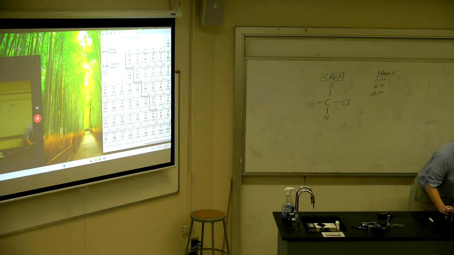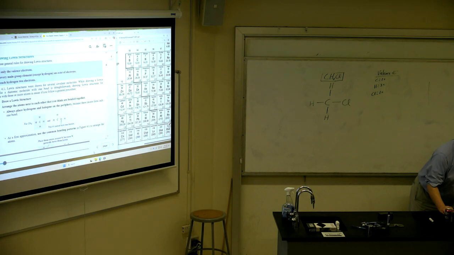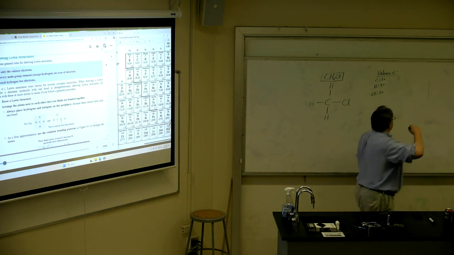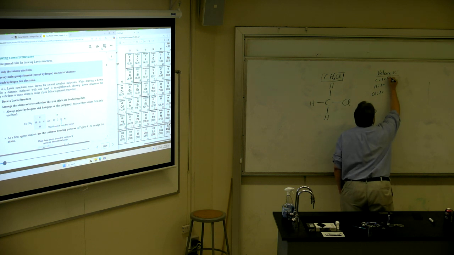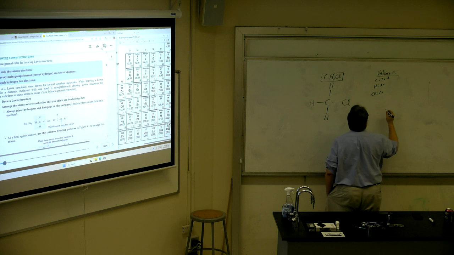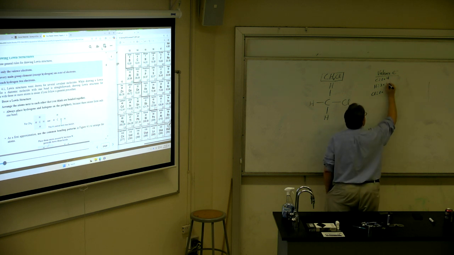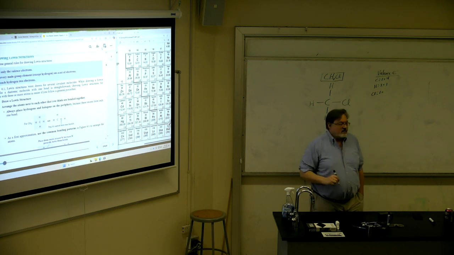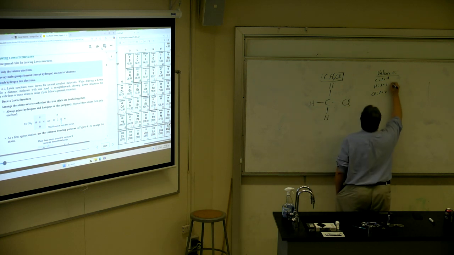Start with carbon. Count to the left. So 1, 2, 3, 4. 4 valence electrons for a carbon atom. How many for hydrogen? 1. Hydrogen has 1. Chlorine has 7. Good. All right.